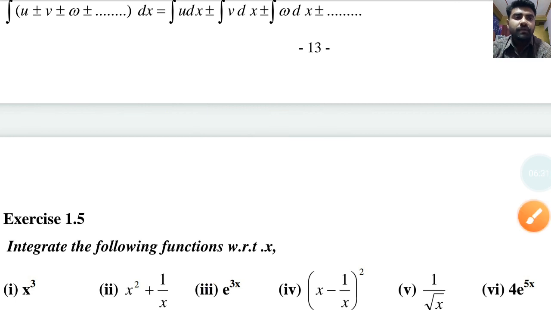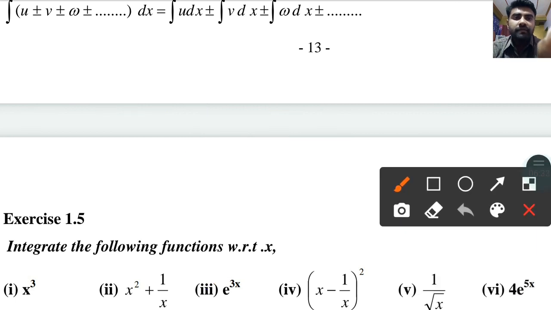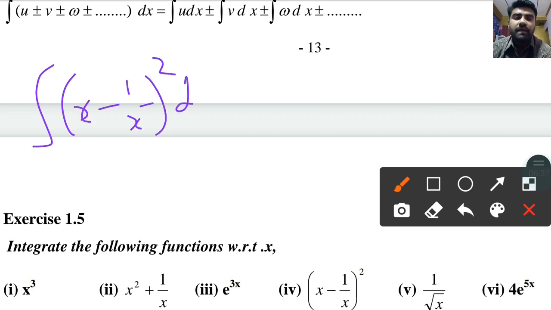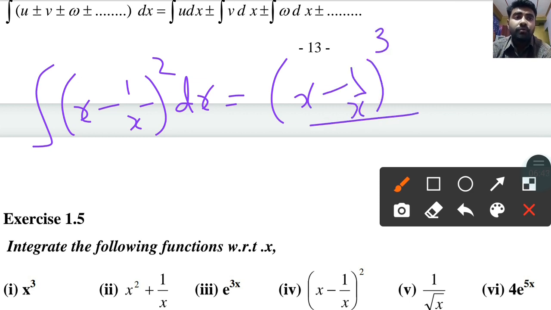Now the fourth one, that is the integration of x minus 1 upon x square dx. So x minus 1 upon x square, then we have to integrate this individually.